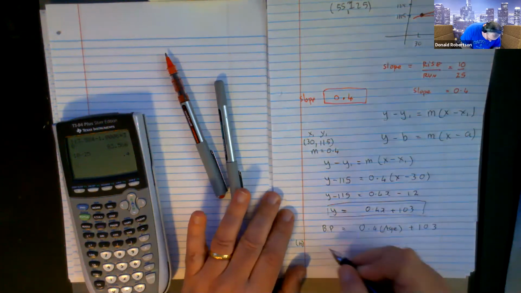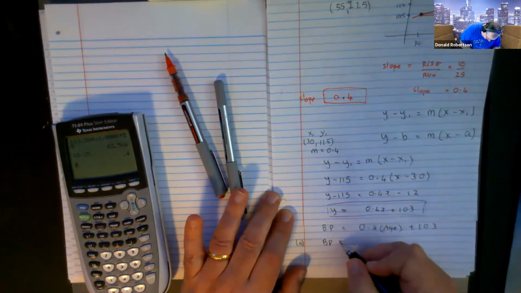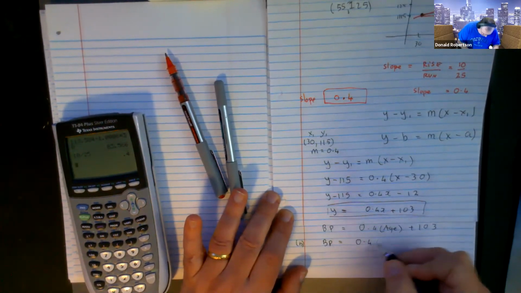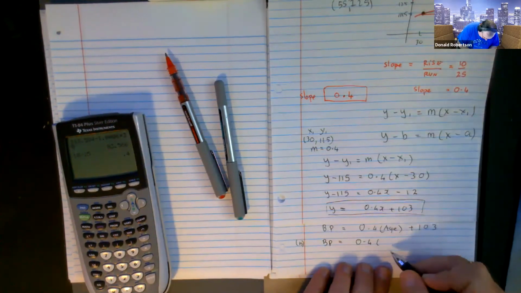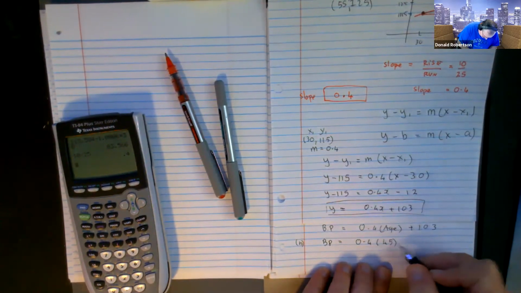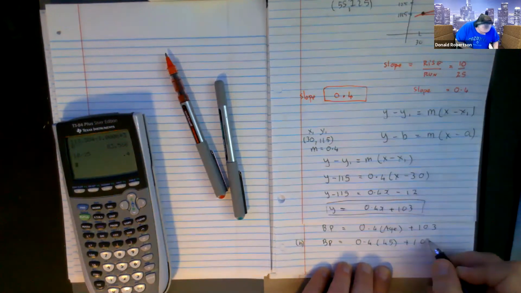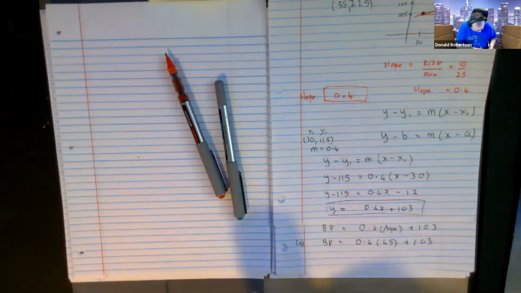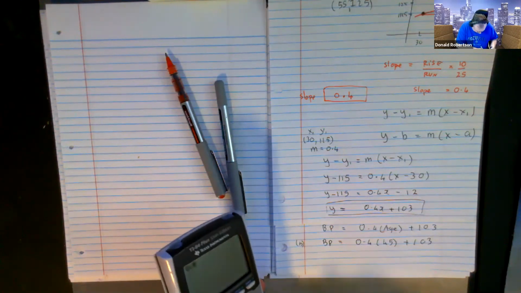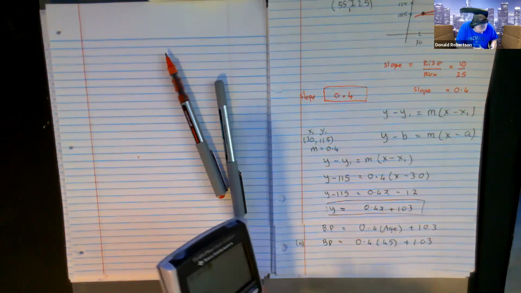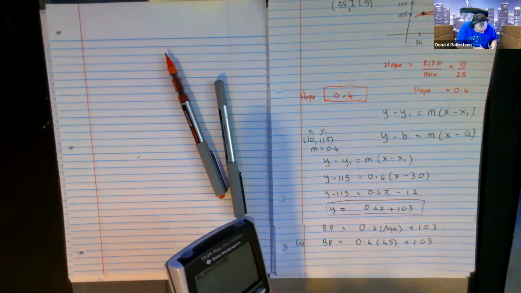So if you go in here, an average, kind of normal person aged 45 would have a blood pressure of whatever that comes out to be. So 0.4 times 45, and then add 103.